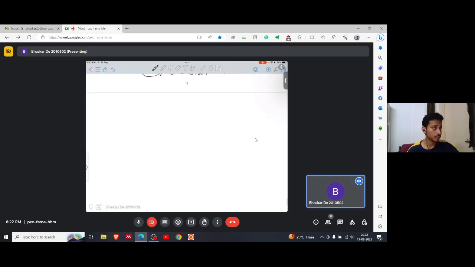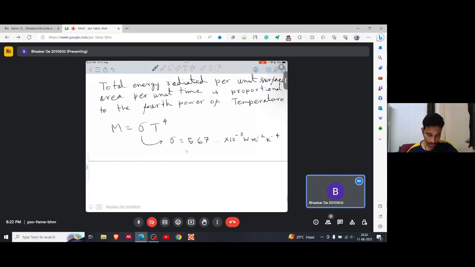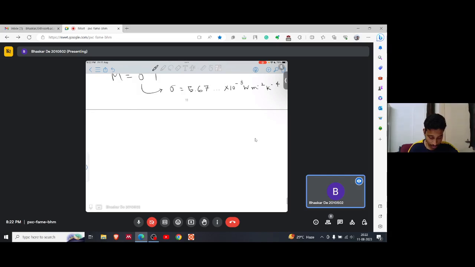One of the most interesting applications in recent days, especially after COVID, is that we have seen people use a thermal gun or thermal sensor, which basically looks like this.